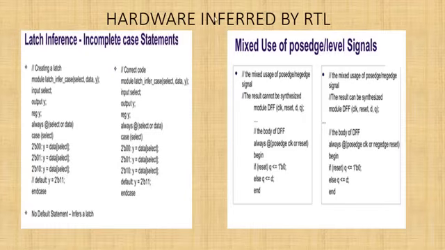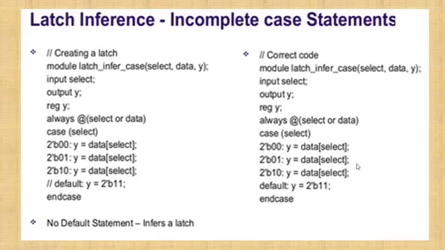And if there is an improper way of defining the clocks or reset, the code may not be synthesizable. For example, over here, if I have posedge clock or reset, where I am not mentioning whether the reset is posedge or negedge, this code may not be synthesizable. When you define both the edge of clock and the edge of reset, the code will be synthesizable. This is the same example.